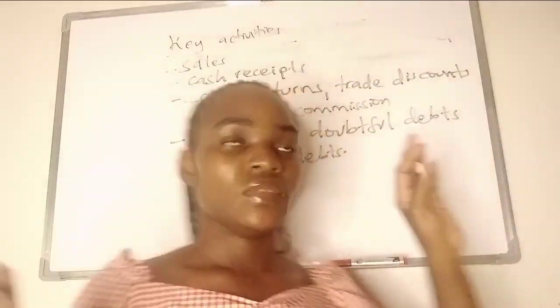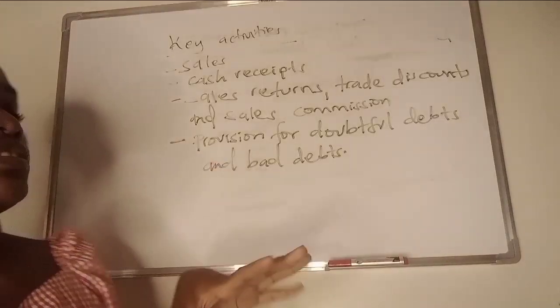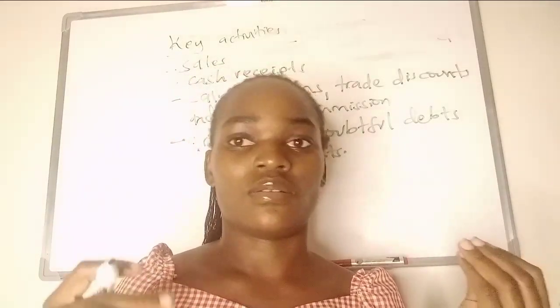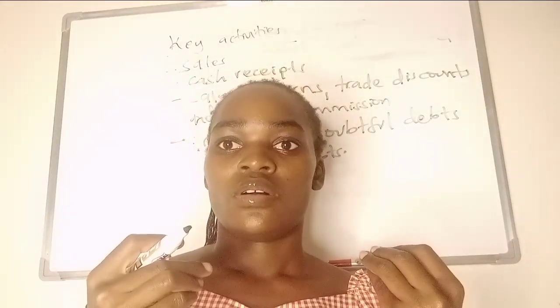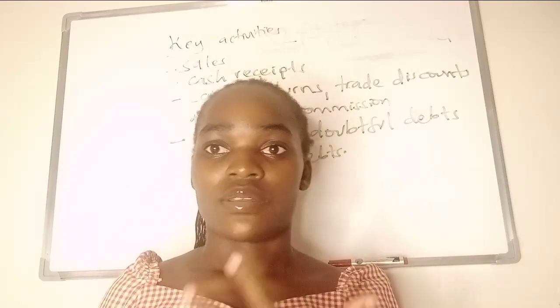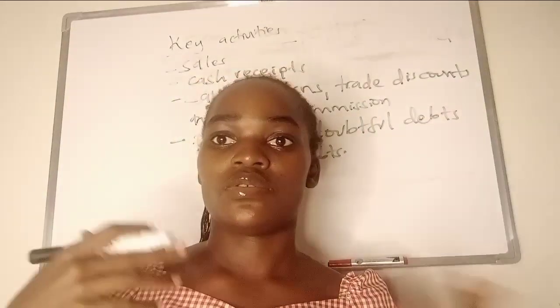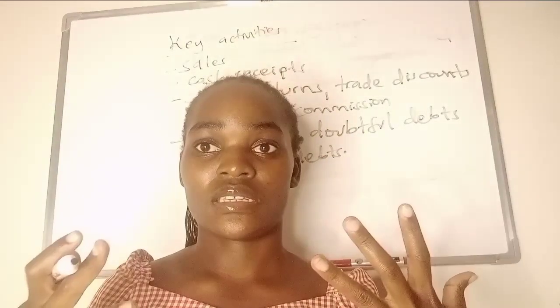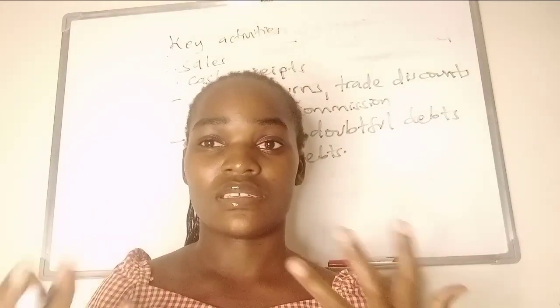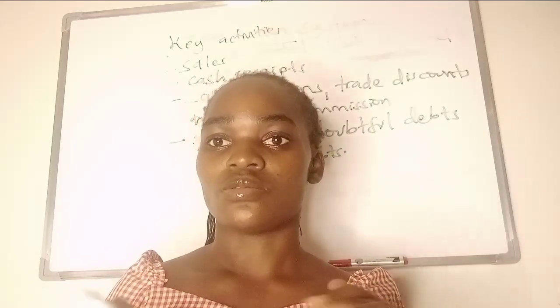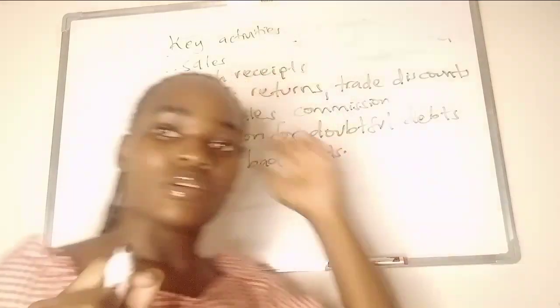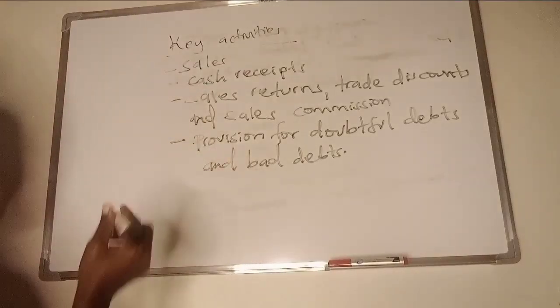You should note these activities, because they will help you when answering questions on test of controls and substantive procedures. If you know the main activities in the sales system, you'll be able to answer questions on sales. Then we are going to look at the key documents.